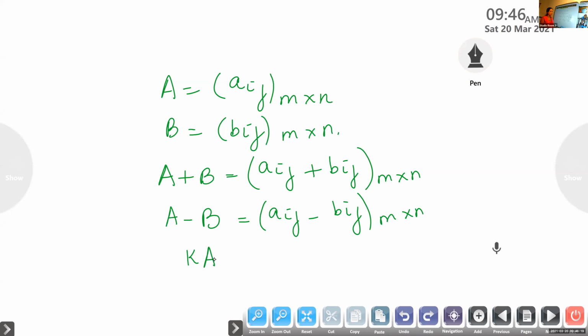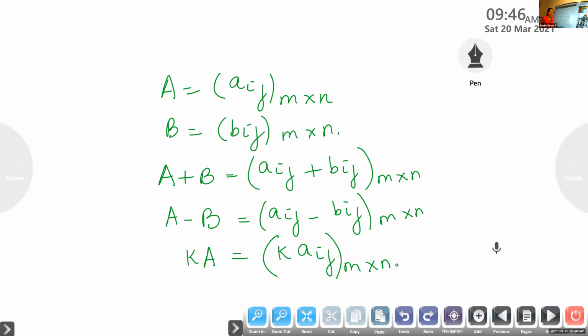So what is a scalar? A quantity or number without any direction we call a scalar. Okay. Suppose we are multiplying a matrix by a K, which is the same as multiplying each entry by K. This is K into Aij.